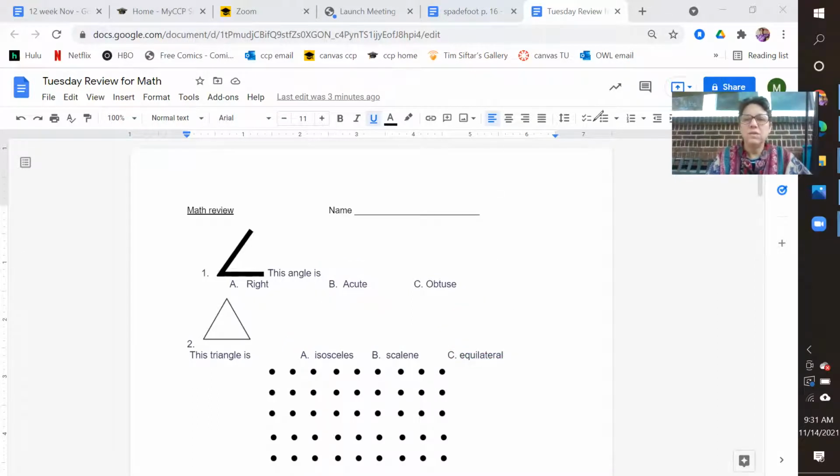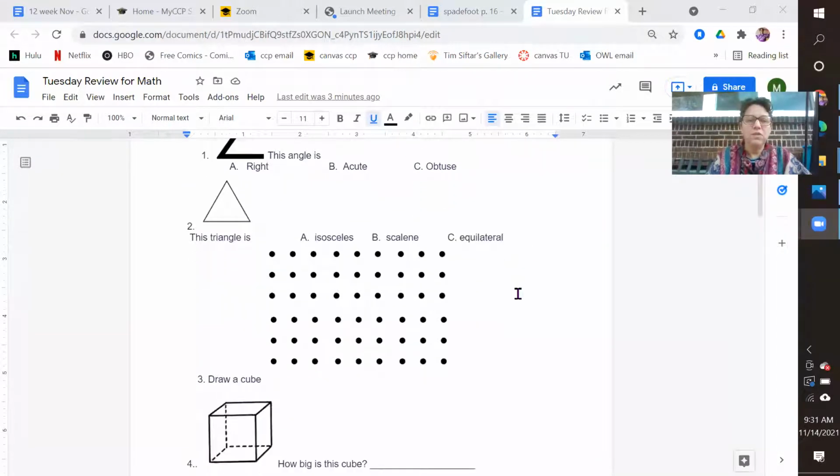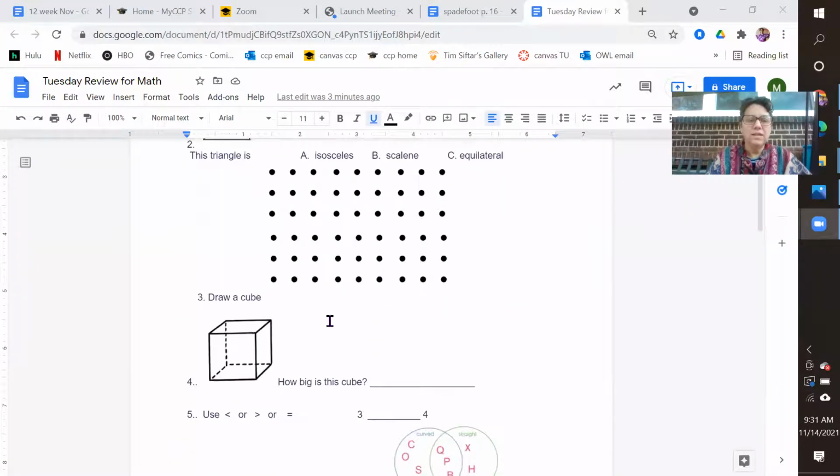All right, I'm going to scroll down to the next one. You've done this before. It says right here, it wants you to draw a cube. Everybody sees that? So here's the instructions, draw a cube. You can make a big one, a giant one.